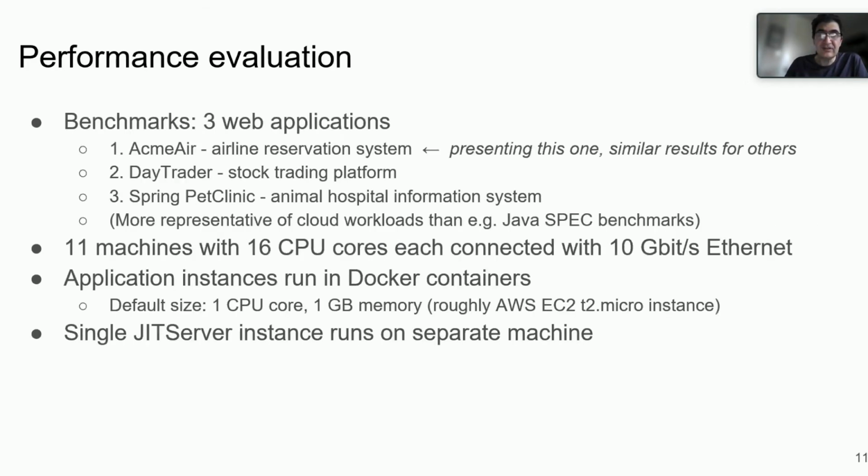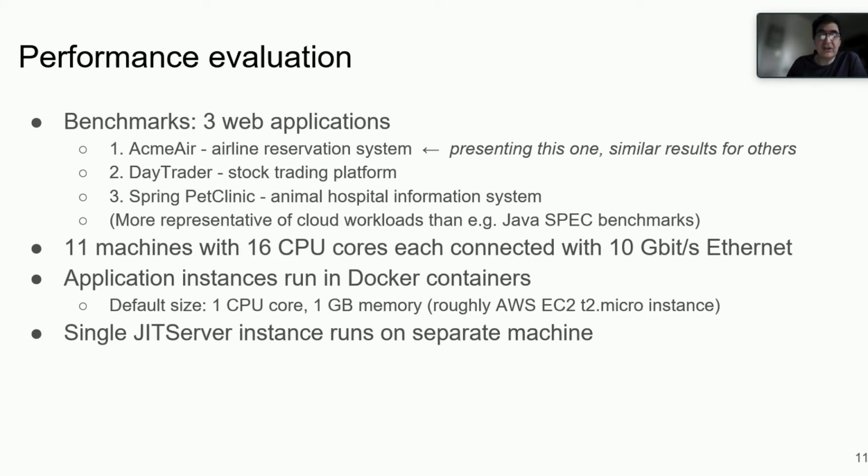Now, let's look at some performance numbers. In our evaluation, we used three different web applications: AcmeAir, DayTrader, and Spring PetClinic. But in this presentation, I'm going to show only AcmeAir because the results are relatively similar for the others. We use several machines with 16 CPUs, and all these machines are connected with 10 gigabit Ethernet, which I consider to be standard for today's data centers.